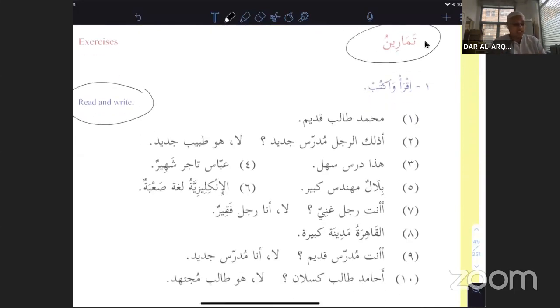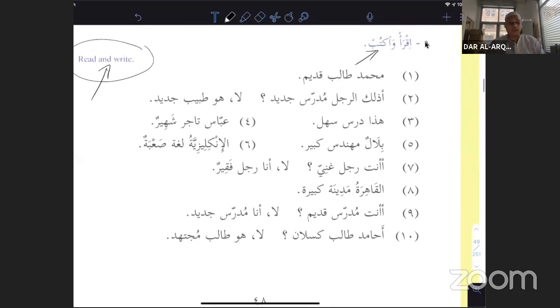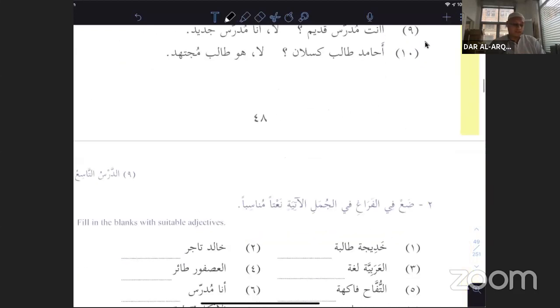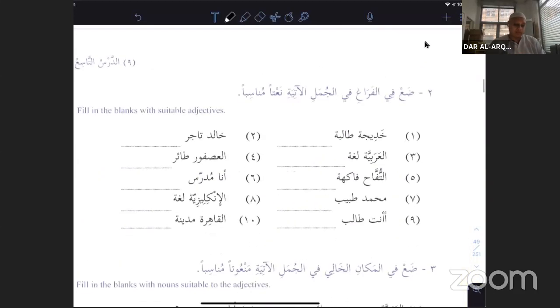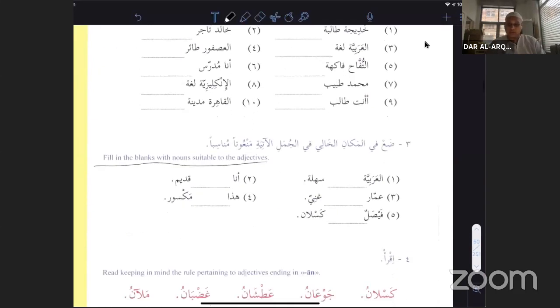But every time you see iqra waktub, the homework is not just read and write. For me, it's read, write, and translate. For me, that's very, very key, and it will be very beneficial for you because it will help you remember the vocab. Okay, so I'm going to skip past all this because obviously it's there in English, and you can do it.